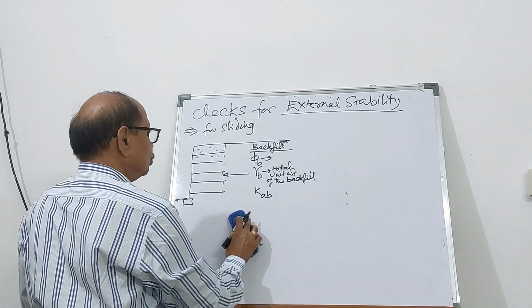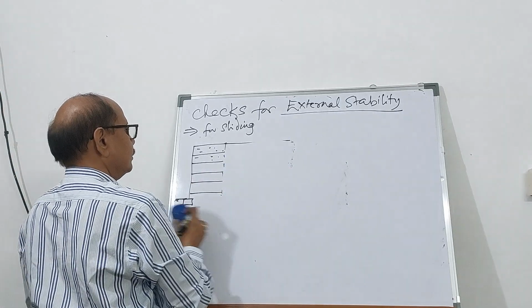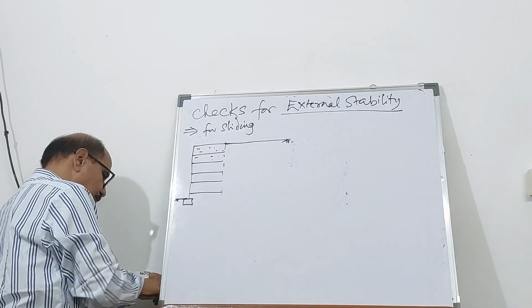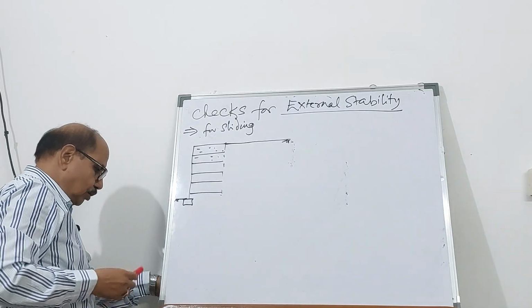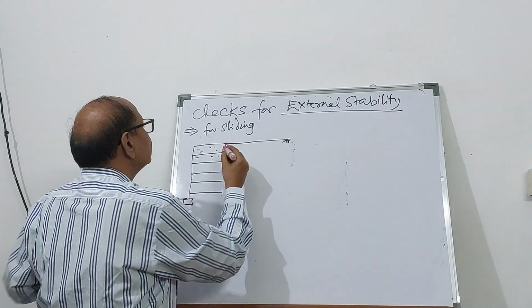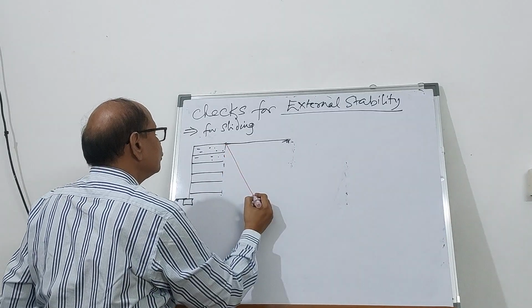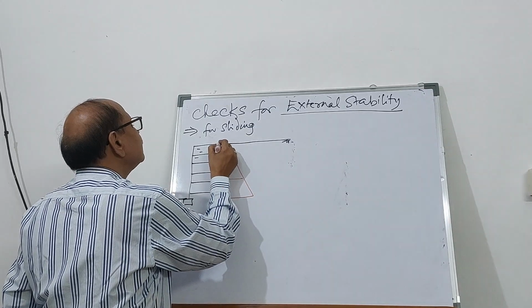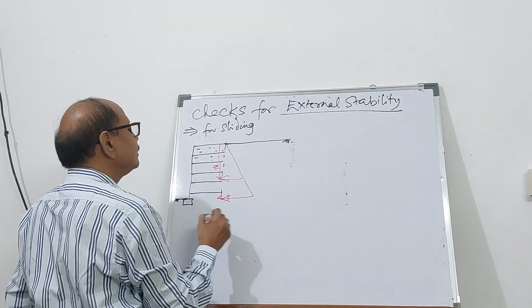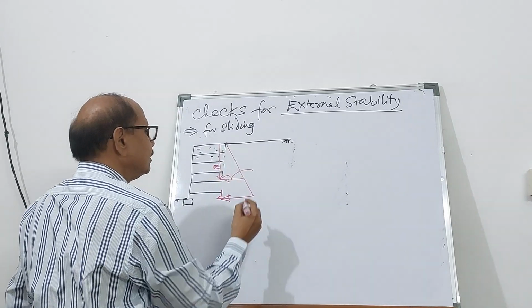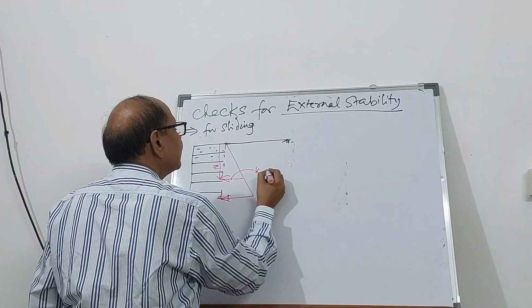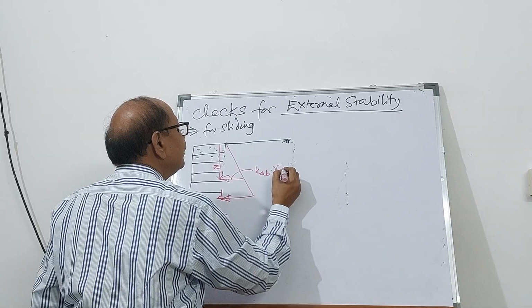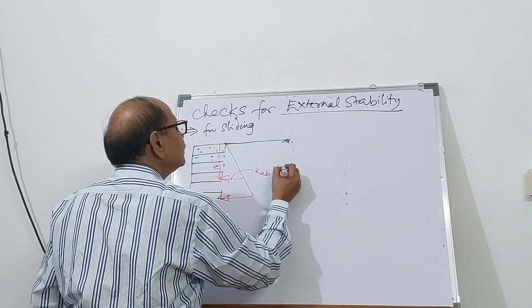Therefore, due to overburden, what will be the pressure distribution? Friends, if you draw the pressure distribution, it is going to be quite simple. You know it. The pressure distribution is going to be like this. At any depth Z, what will this be in the backfill? Ka for the backfill into total unit weight of the backfill multiplied by Z.